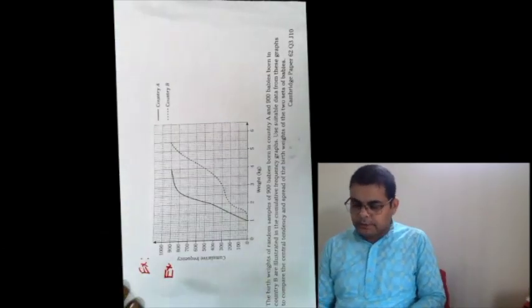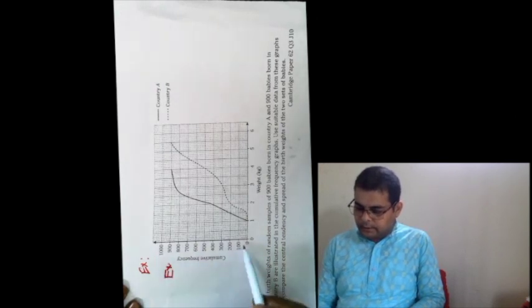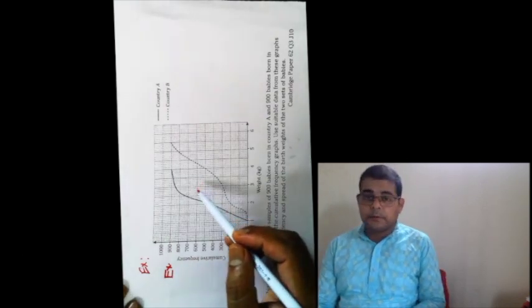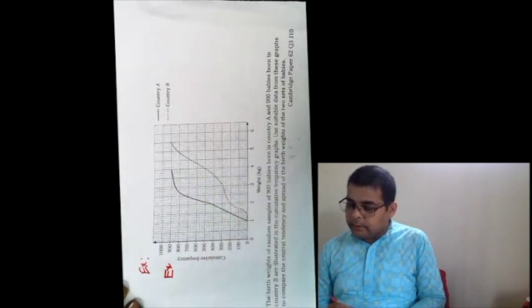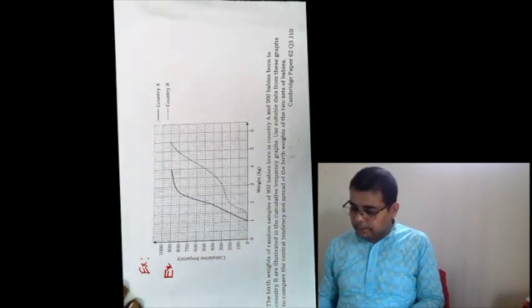We have another question here now, and you can see that this is a cumulative frequency graph for two countries. That means we have some sort of comparison between two countries. So what kind of comparison? This is given in the statement of the problem here.